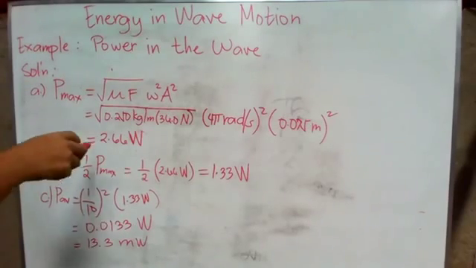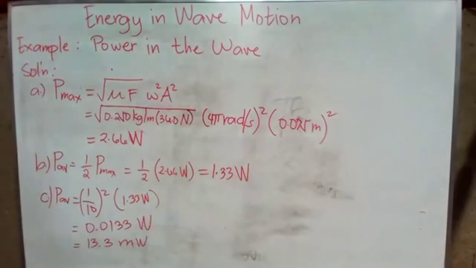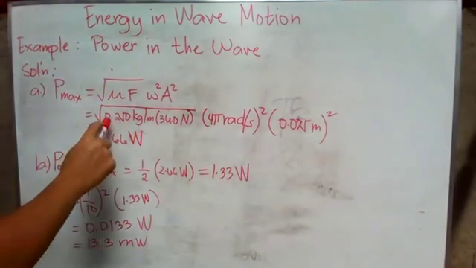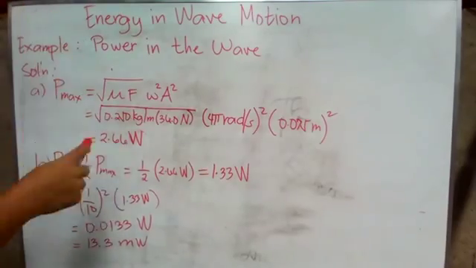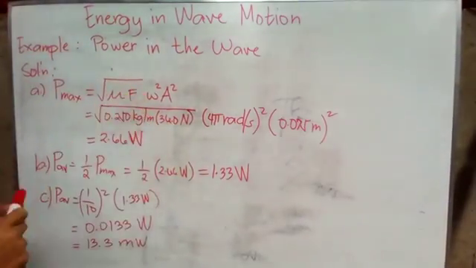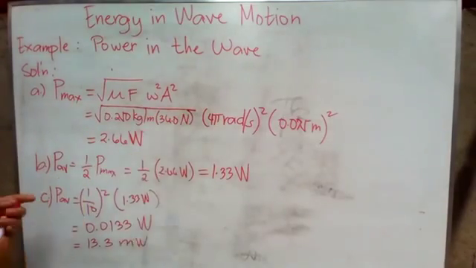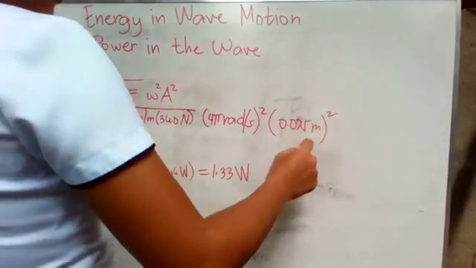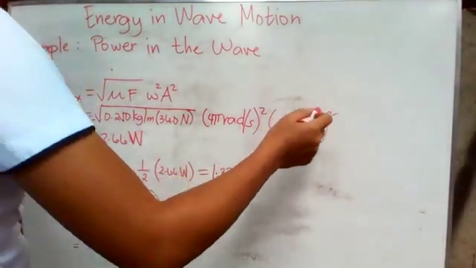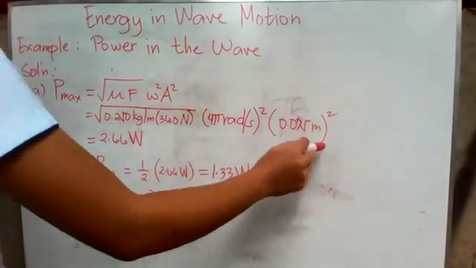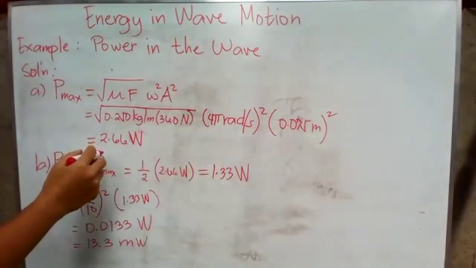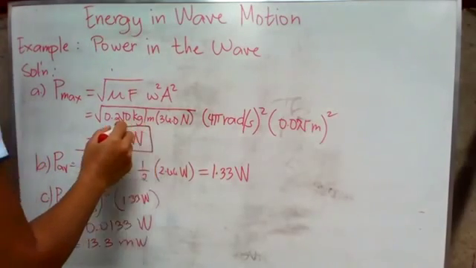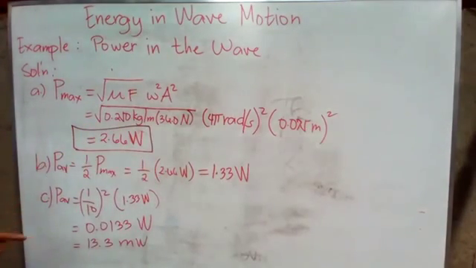Substituting all the values: mu is equal to 0.250 kilogram per meter, the tension F is equal to 36 newtons, the angular frequency is 4 pi rad per second, squared, and the amplitude given, converted into meters, is 0.075 meter, squared. Doing the math, we arrive at the answer 2.66 watts. Remember the unit of power is watts.